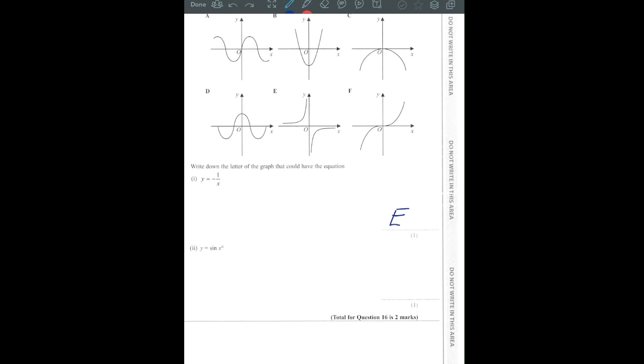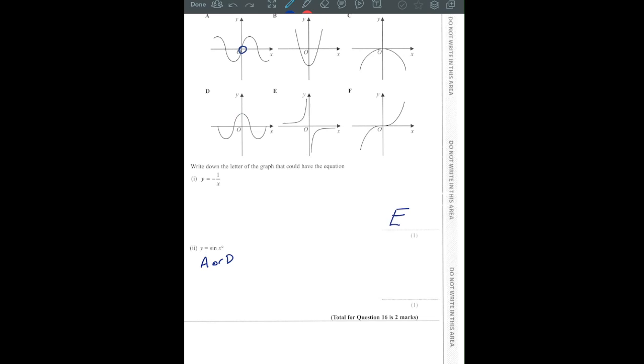Second part is the sine curve. The feature of the sine and cosine curves is they go up and down, up and down, up and down. So this could be A or D. Both of them do that. However, you should remember that the sine curve starts at 0. The cosine starts at 1. The sine starts at 0.